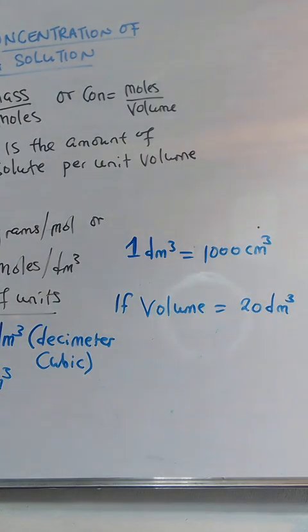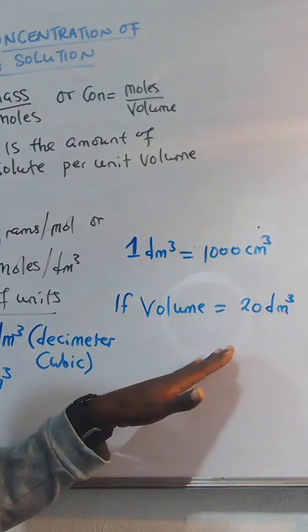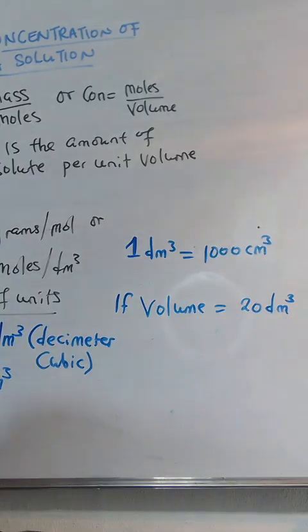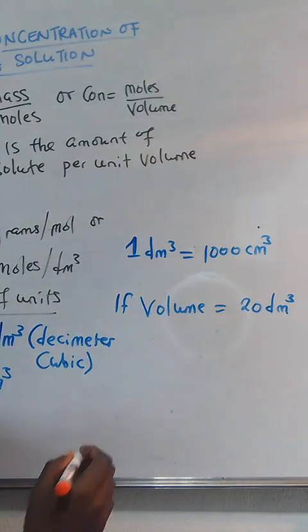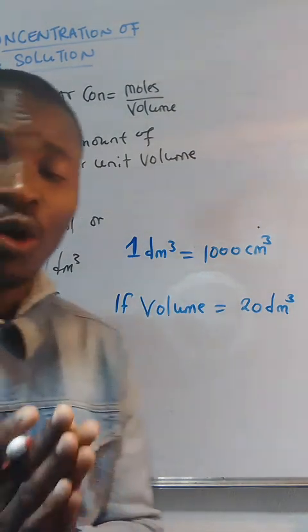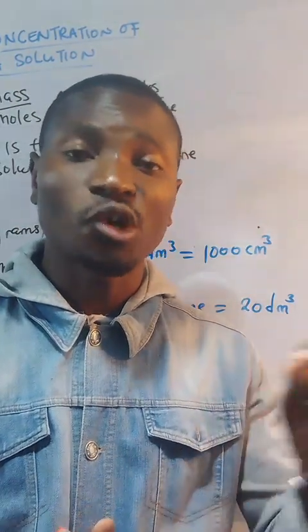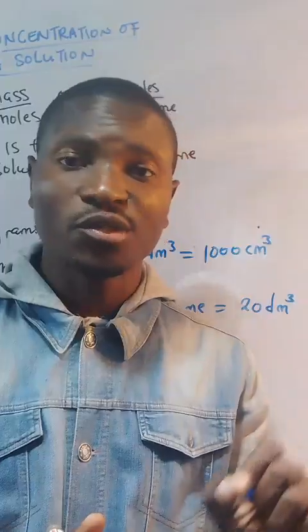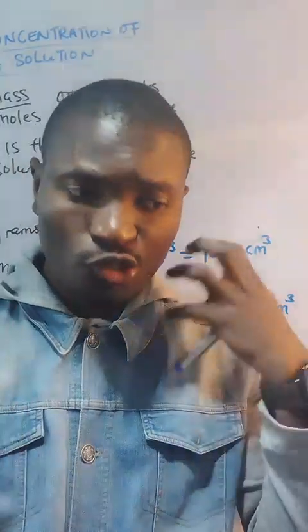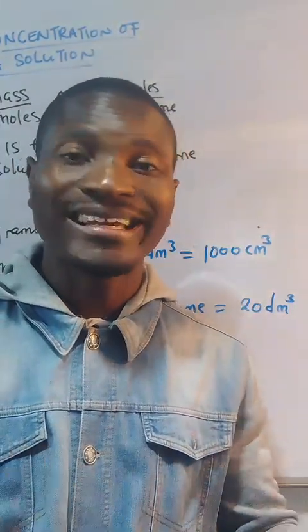Now, if the volume is given as 20 decimeter cubed, then what is that in cubic centimeters? You have to understand the conversion unit, because if you don't, it becomes very difficult to get the answer correct.